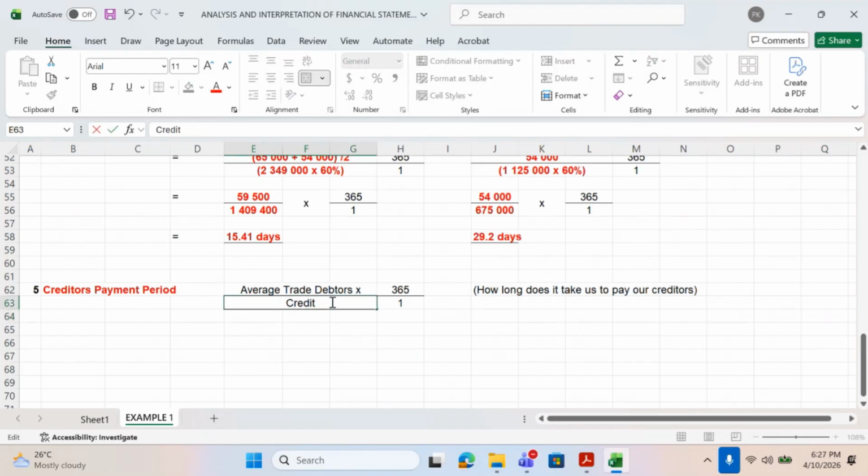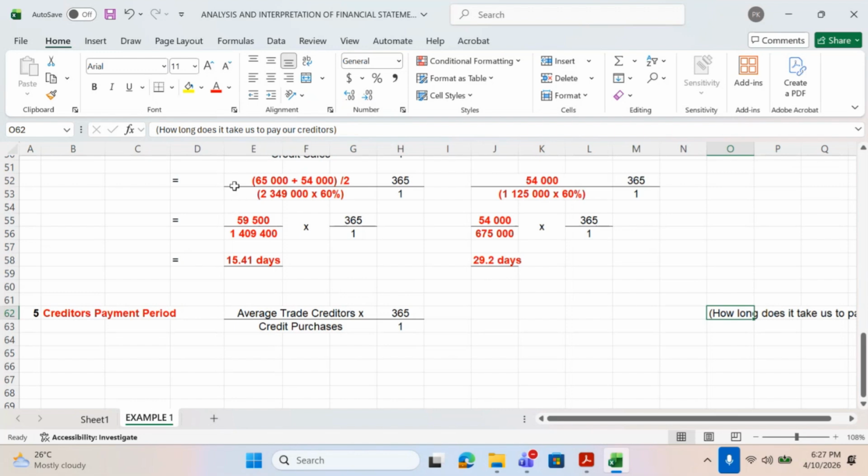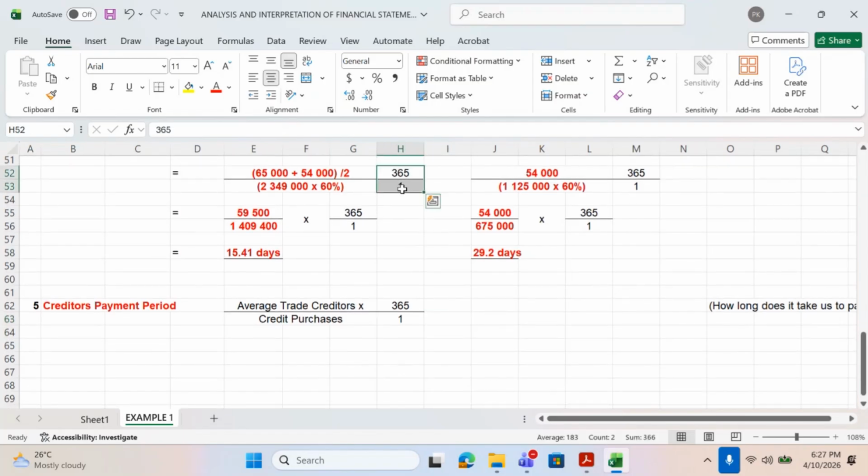My credit purchases, and then here average trade creditors, times 365 over 1. Now we're going to do a calculation from this formula. Let's see if we can do it. So I'm going to have my 365 over 1 here. Can we just take all of this and I put it here?